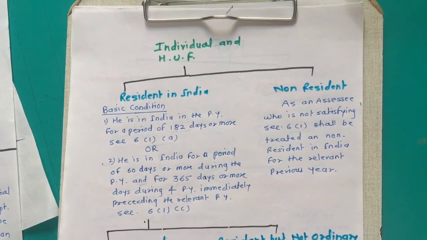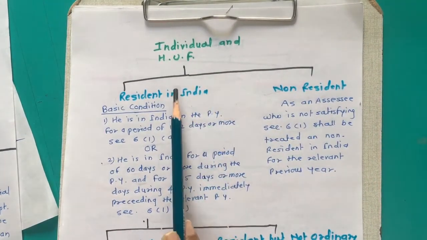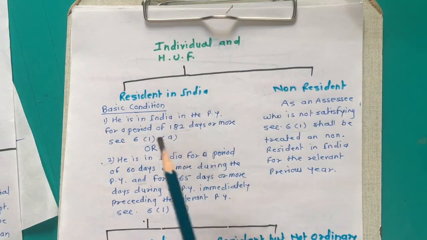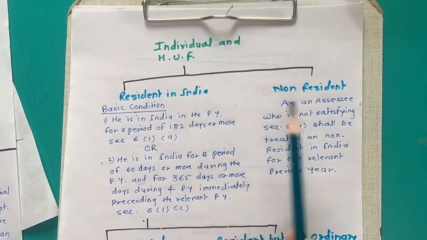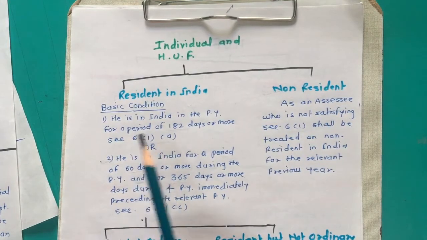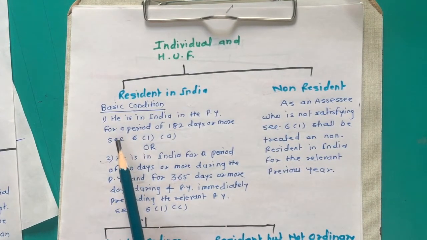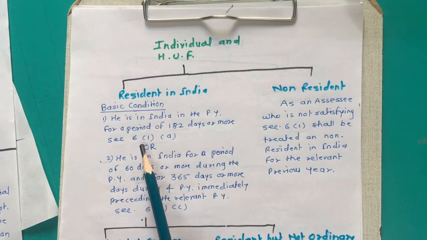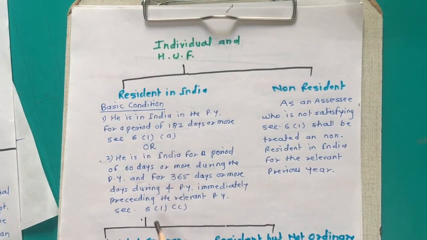Here we know about the individual and HUF residential status. For resident in India and non-resident in India, there are some basic conditions decided in the Income Tax Act as per section 6(1), 6(1)(a) and 6(1)(c).